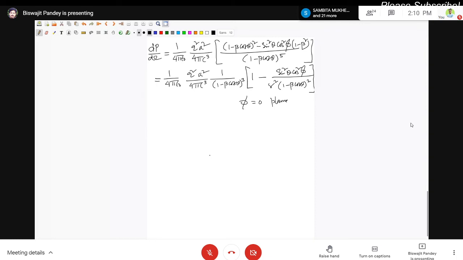Say beta is much less than 1. Let's write down this for this one first, and then we can simplify. This will be 1 by 4 pi epsilon 0 q square a square divided by 4 pi c cube, and then suppose beta is much less than 1, this is an approximation.